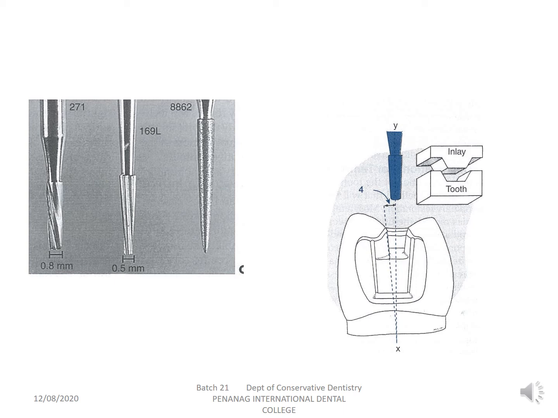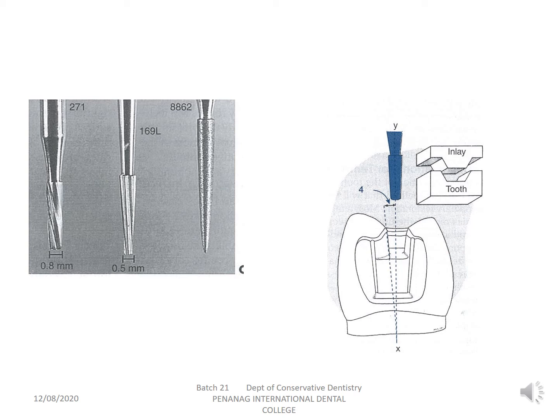As it goes towards the shank, there is a slight taper of 2 to 4 degrees, so from the tip to the shank it is slightly diverging. Same with the 169L bur, 0.5 millimeters at the tip and slightly diverging as it goes towards the shank.